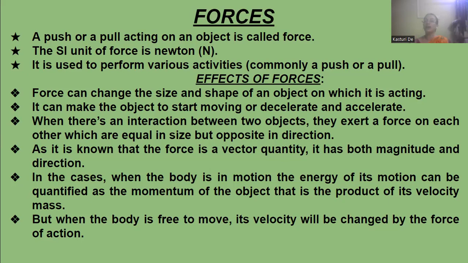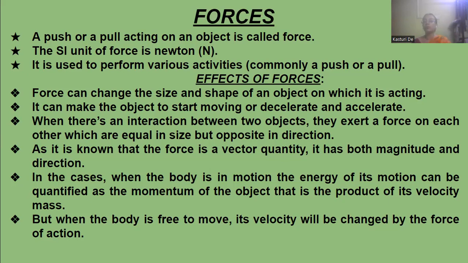They exert a force on each other, which will be equal in size. Both will apply the same force and they will be opposite in direction. One force will be acting... magnitude and direction. That is why it's a vector quantity.